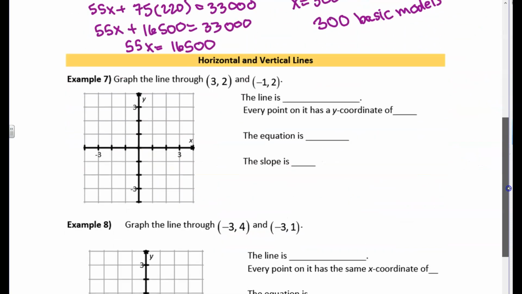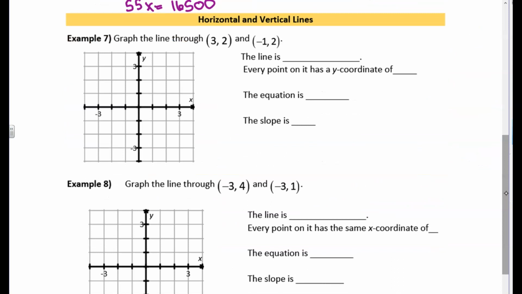All right, let's look at horizontal and vertical lines now. Y'all learned an acronym a long time ago, which we're going to come back to in a second. But first, let's graph the line through the points 3, 2, and negative 1, 2.